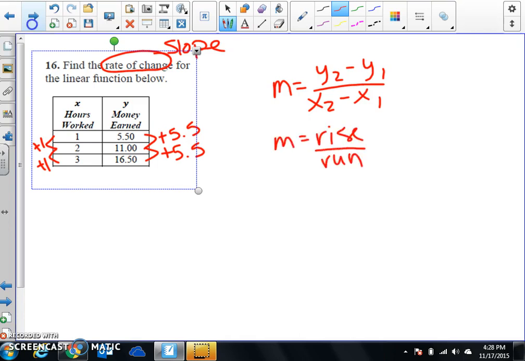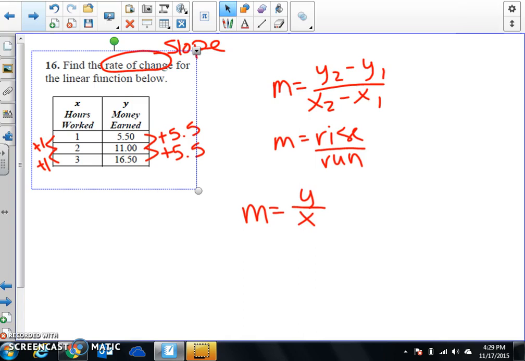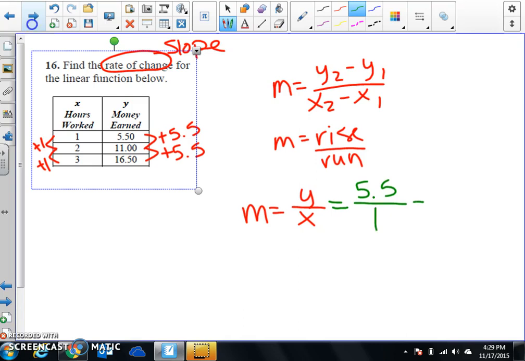But ultimately, you rise on the y. So it's m equals y over x when it comes to a table. So this is a positive 5.5, and that's over a positive 1. So 5.5 divided by 1 is 5.5. So it's increasing by, is that money? $5.50.